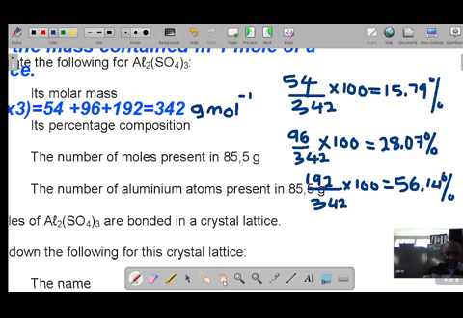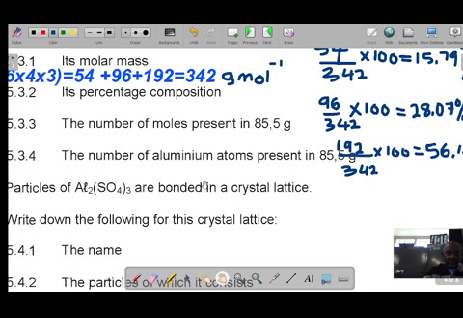Let us proceed. Next, they're saying to find the number of moles present in 85.5 grams. So, how do you find the moles, n? Our moles n is given by the mass given divided by the molar mass.